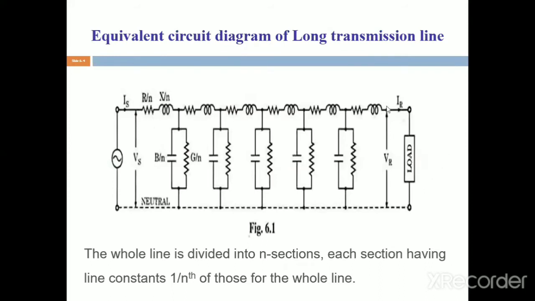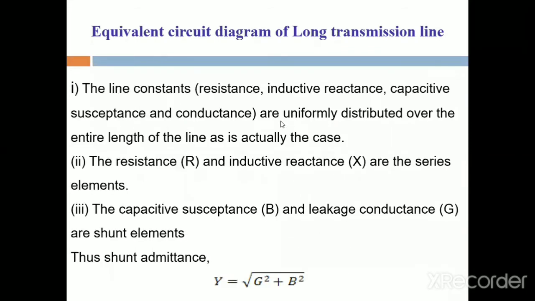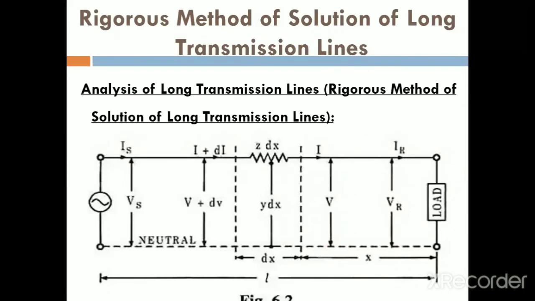The resistance and the inductive reactance are connected in series, and the capacitive susceptance and conductance are connected in parallel. These uniformly distributed parameters are calculated by using a rigorous method. They cannot be calculated by the normal procedure, so that's why we are using a separate method.